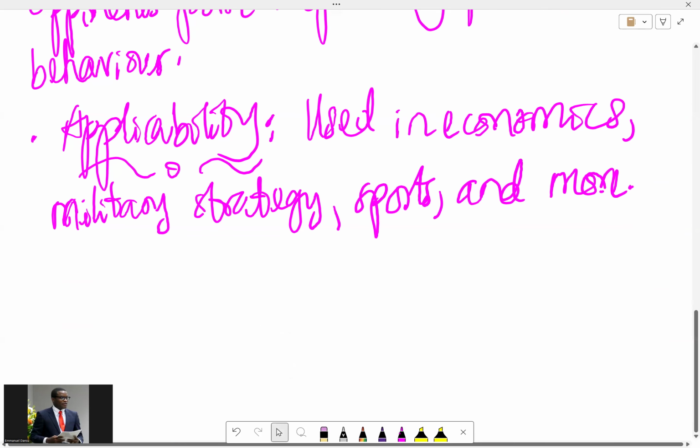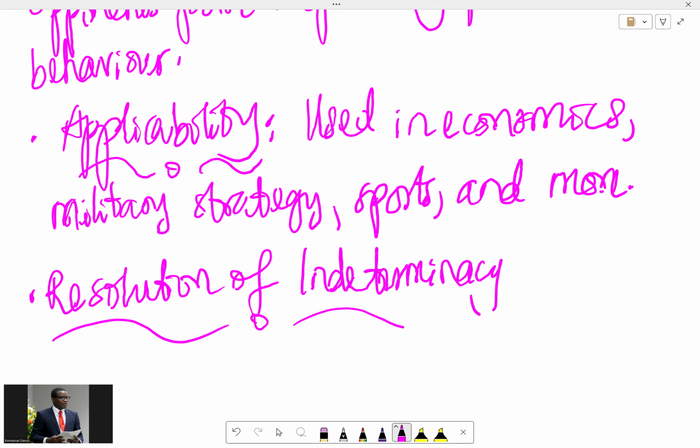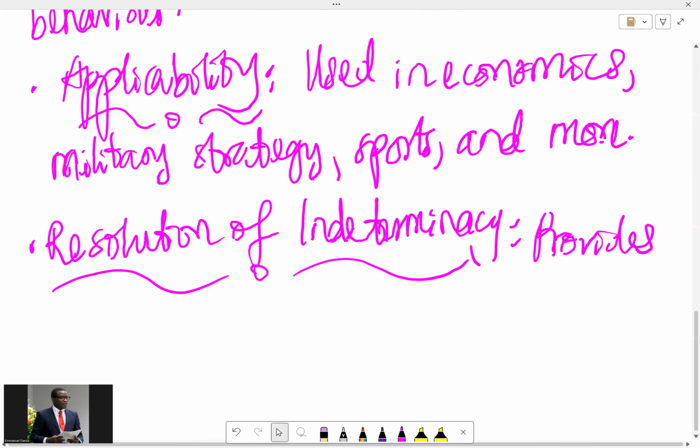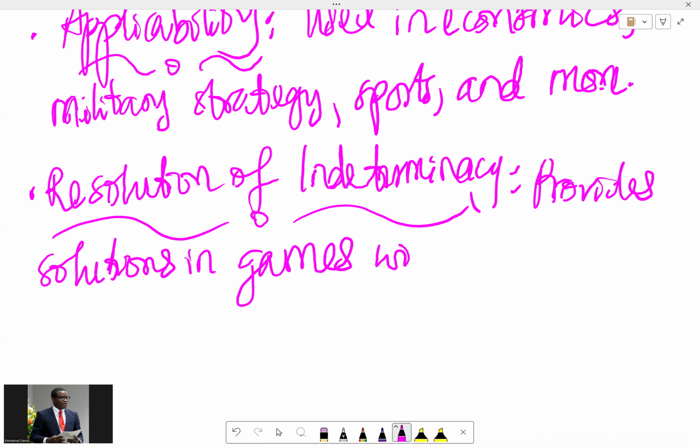And then we have resolution of indeterminacy. In this situation, mixed strategy Nash equilibrium provides solutions in games without pure strategy equilibrium.